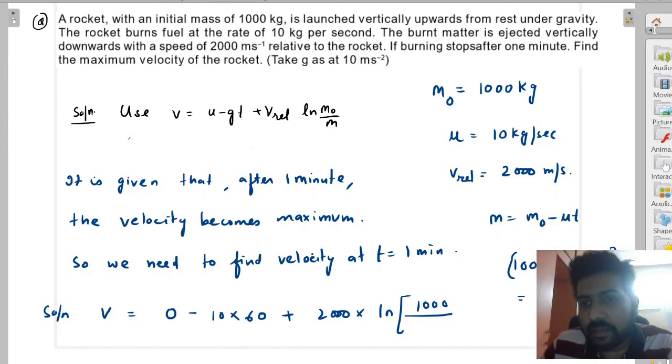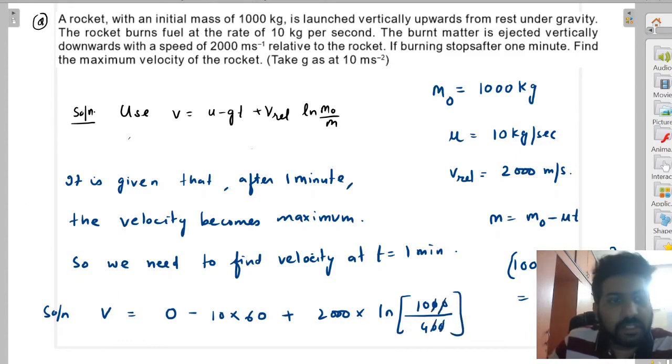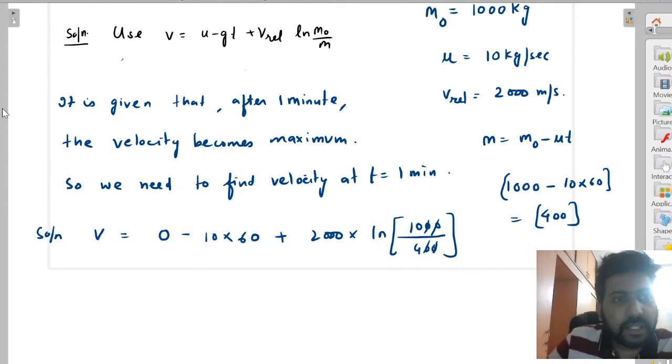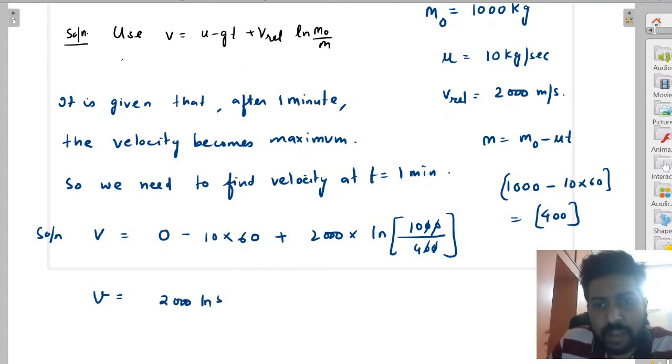So that is equal to 1000 minus 600, that is 400. So from this you will get the velocity after 1 minute, that is the maximum velocity, will be 2000 ln 5 by 2 minus 600 meter per second. Okay, we will not calculate this further.